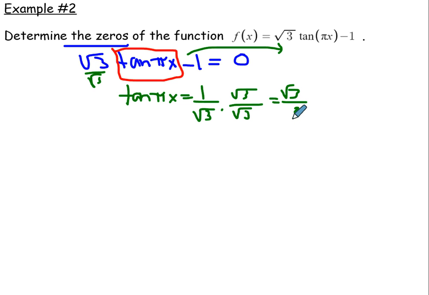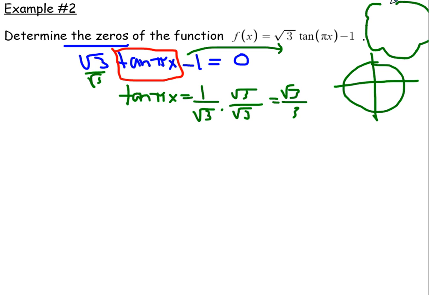Now you need to remember your trig circle. So think about your trig circle. And you need to find tangent. You need to remember also tangent of theta is equal to sine over cosine.